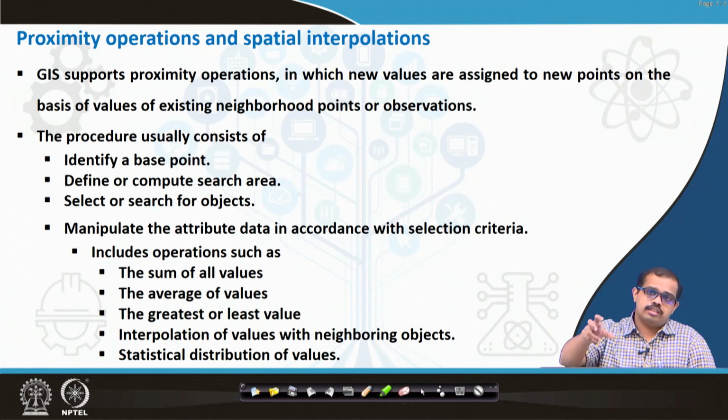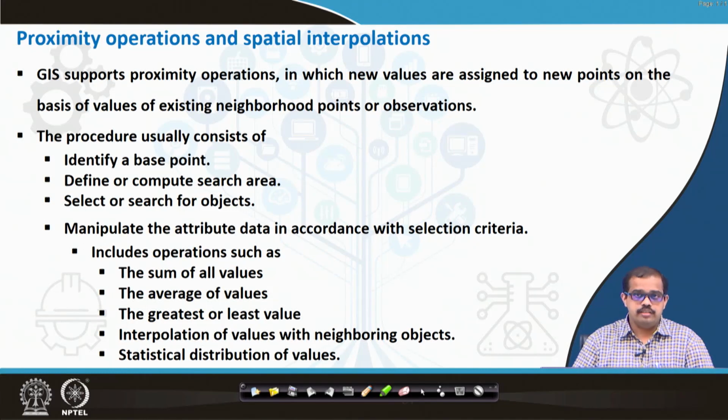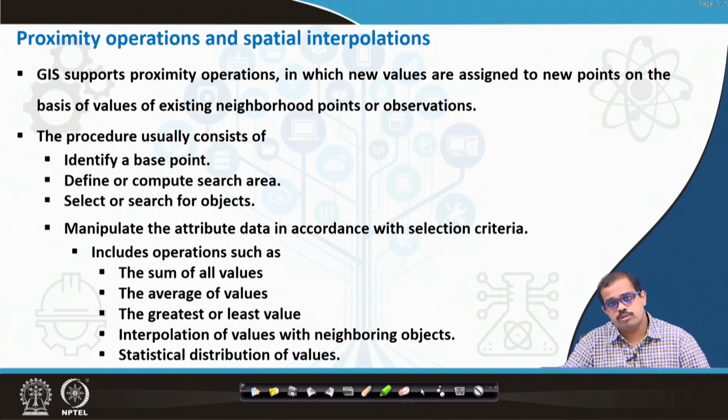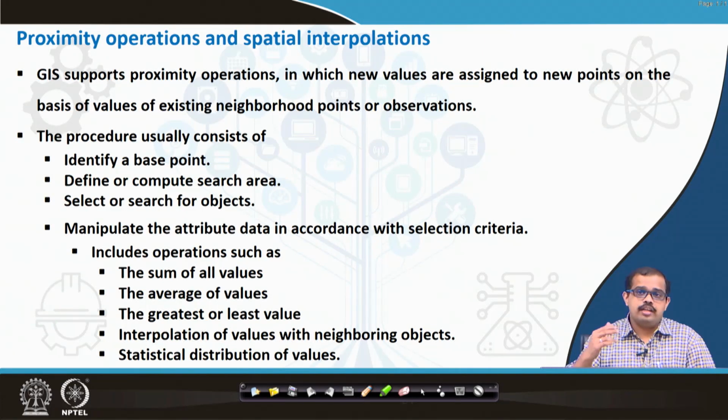So, you collect all the 10 values from the 10 meteorological stations and apply a proximity analysis in terms of interpolation, any kind of interpolation that you may use. That depends on what kind of accuracy you need. Based on that you will find out the rainfall in different regions, which means you are looking at the proximity locations from that particular meteorological station to find out the value around that station.